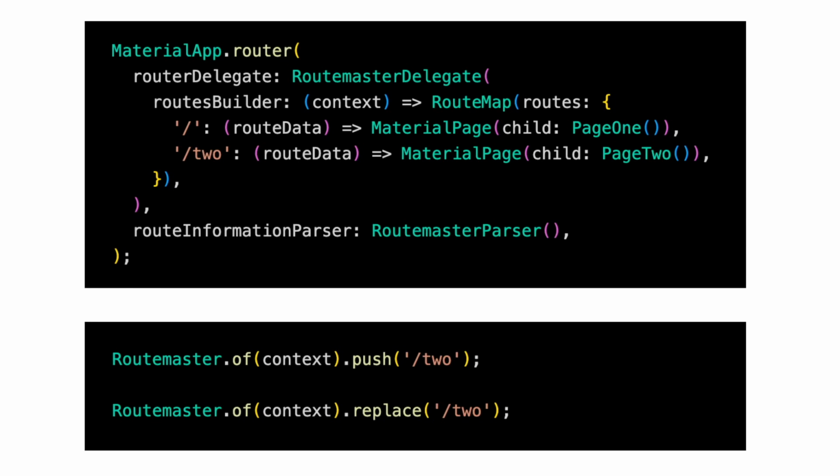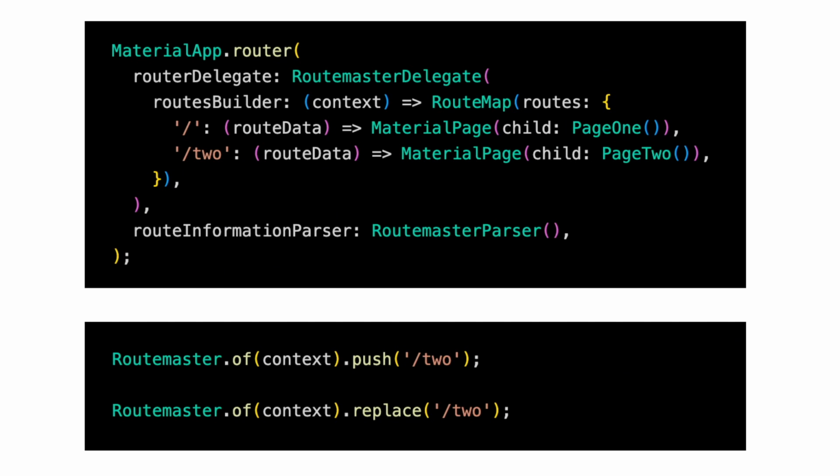You set up these different routes, very similar to many backend systems of defining URL paths. So here we have 2 different pages. And then, so it will default to page 1, and then we can either call Routemaster.of(context).push or replace in order to go to page 2.